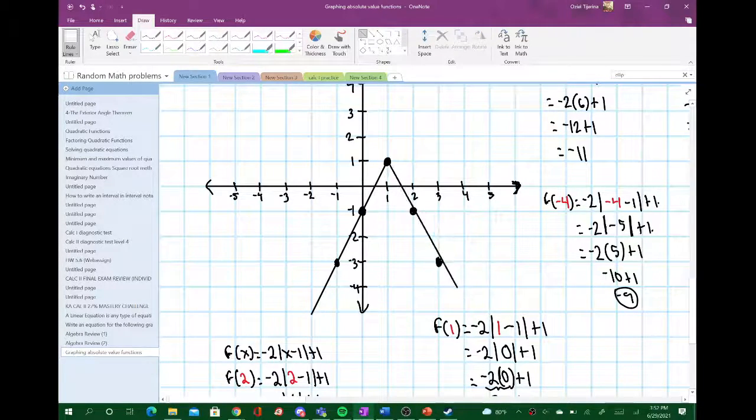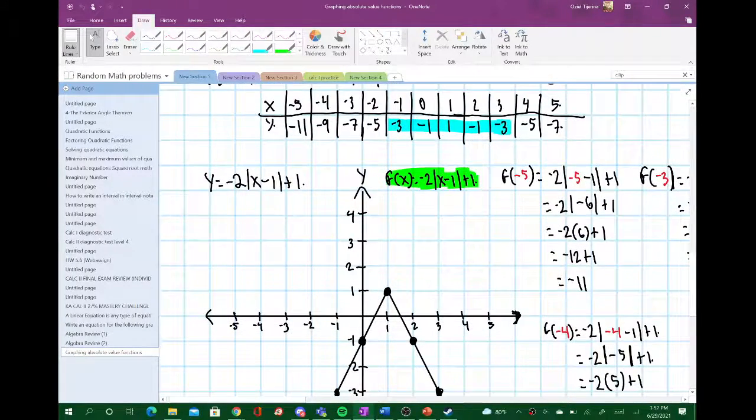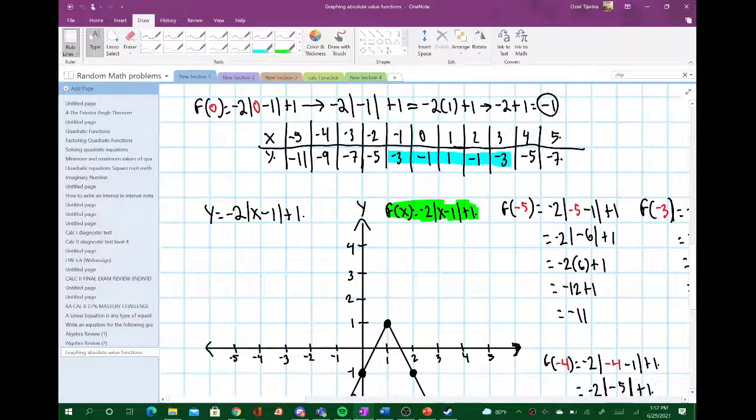Now this is if you graph it without using the vertex form. And like I said, guys, doing it this way actually takes a lot longer, in my opinion. If you like doing it this way, that's great, but in my own opinion, it takes a lot longer than doing it in vertex form.